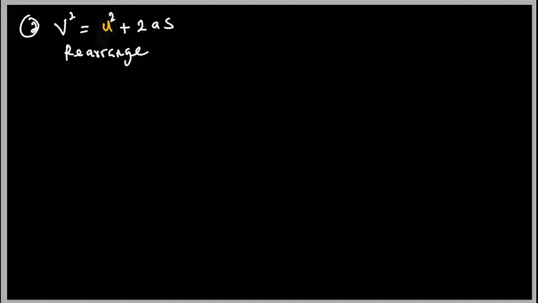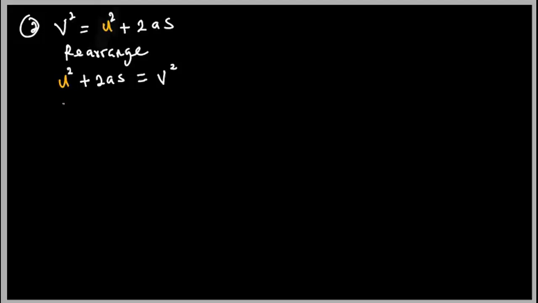And I will have U squared plus 2AS equals V squared. I just had to take everything on the right to the left and all on the left to the right, without changing their signs. That's what rearranging is all about. Now I want to get U, but I need 2AS to go away.